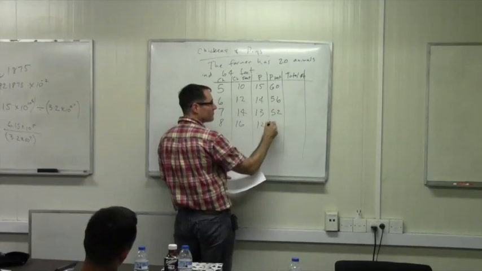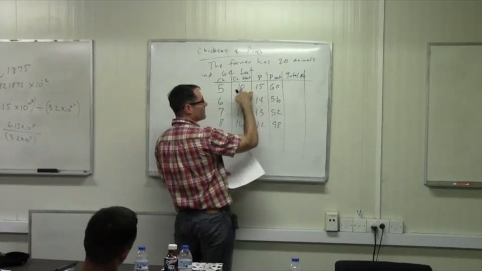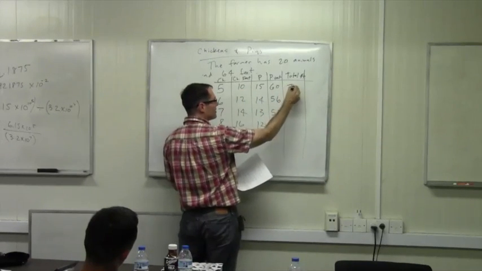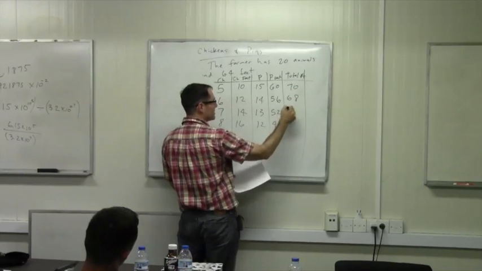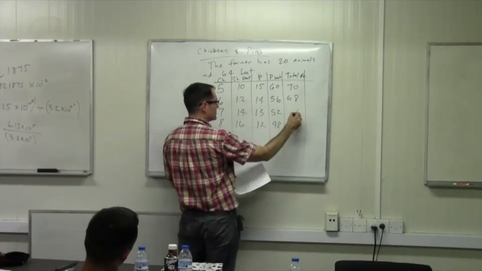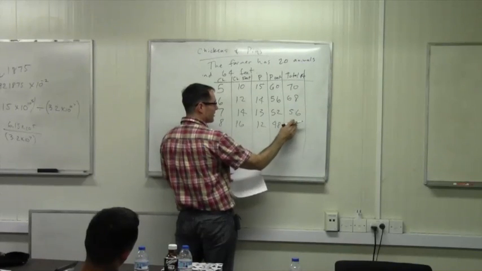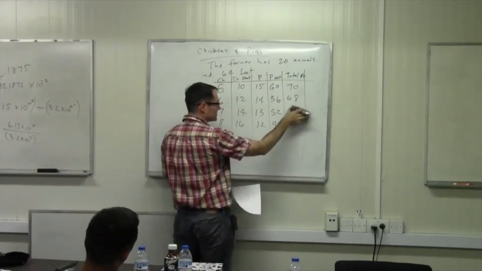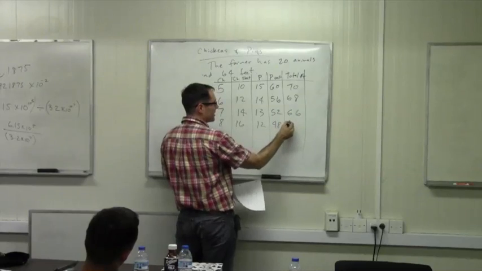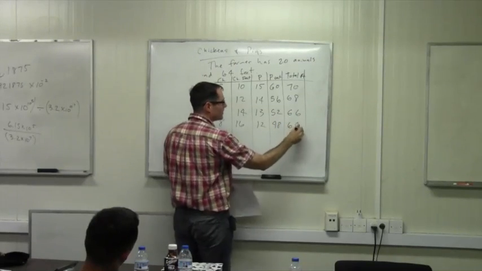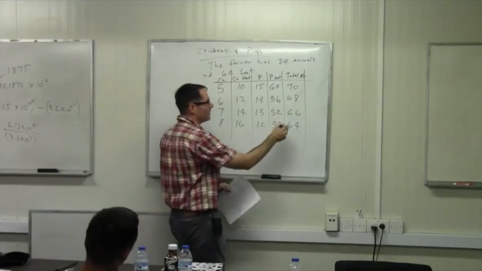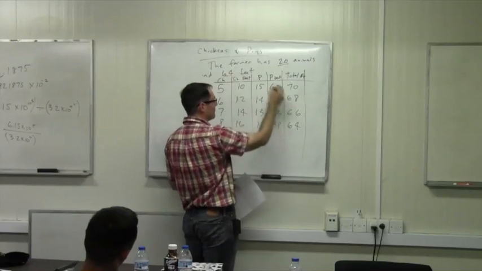And 12 times 4 is 48. And you add the total feet, chicken feet plus pig's feet, 70, 68, 66, and then 64. Okay, and then you go, oh, look, now I've got it, 20 animals and 64 feet.